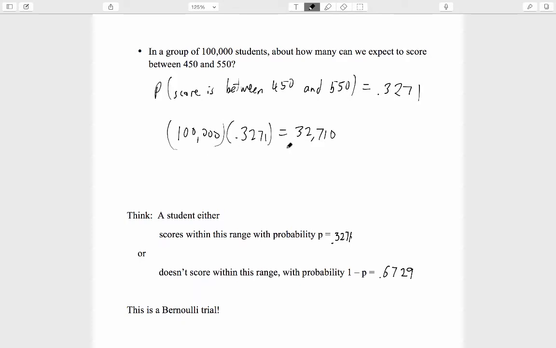What we're really doing here is applying the NP shortcut. We're finding the expected number of successes in 100,000 Bernoulli trials, where a success is falling within this range between 450 and 550.